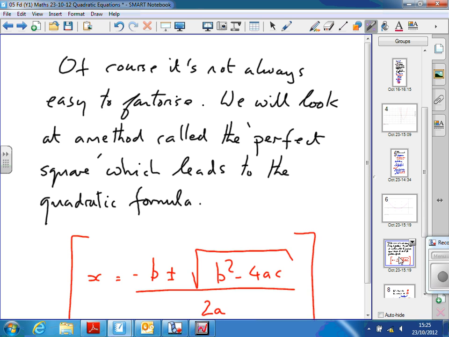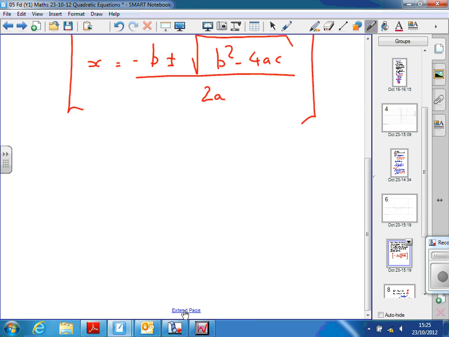So let's have a look at an example then of how you might solve using the quadratic formula. What about, to just make something up, 5x squared plus 3x minus 10 equals 10. 5x squared plus 3x equals 10.